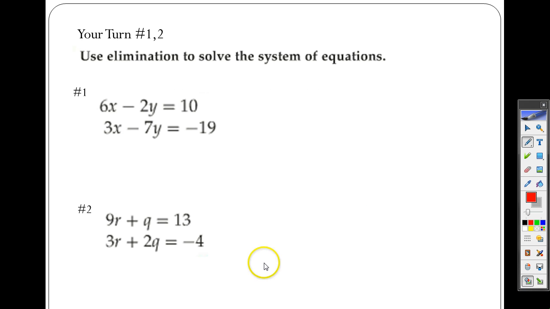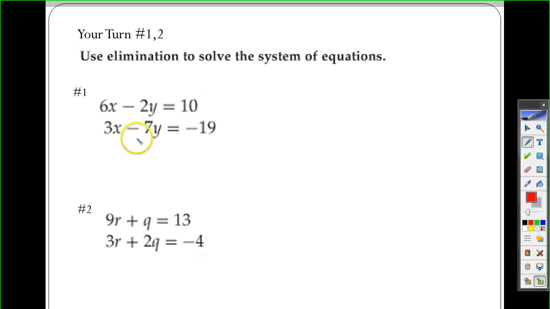Okay, so this is your turn. A little hint here: I would multiply the second equation by 2 to make it 6x, and you can subtract everything. So multiply 2, multiply 2, multiply 2, subtract it, find x, and then find y.